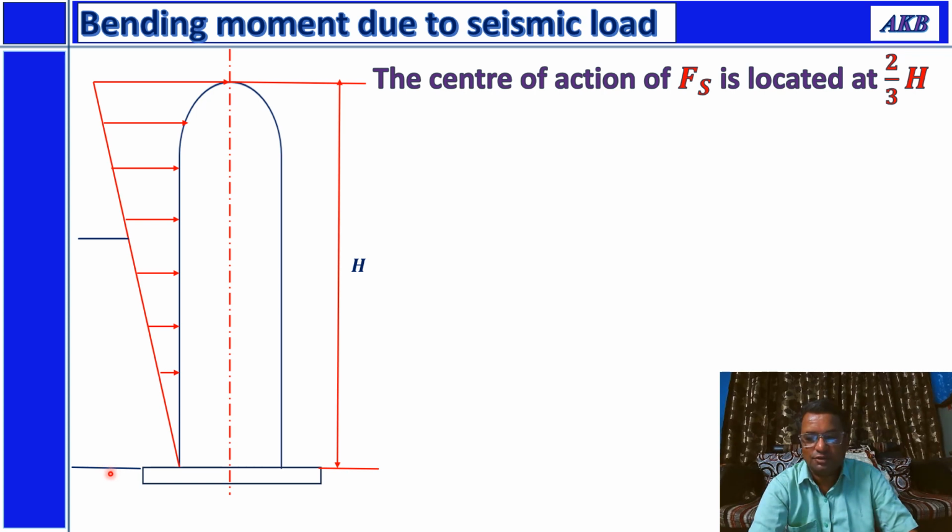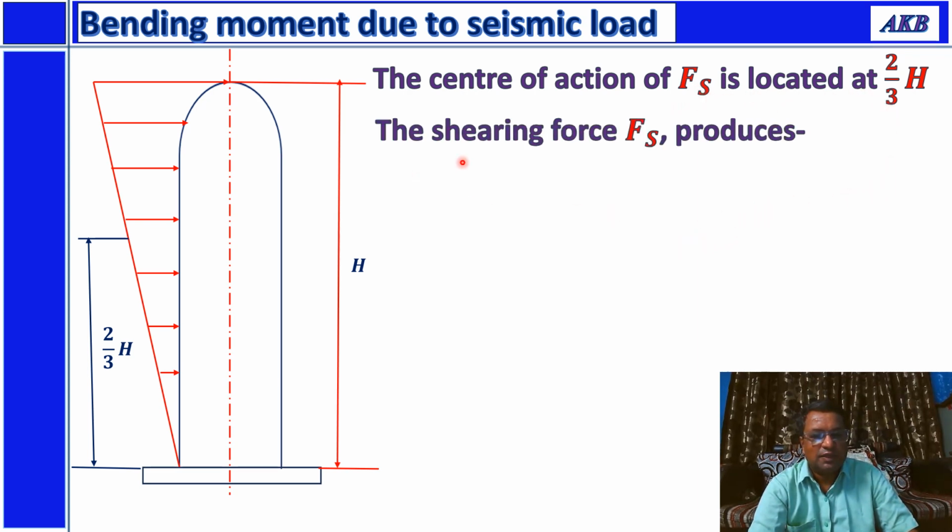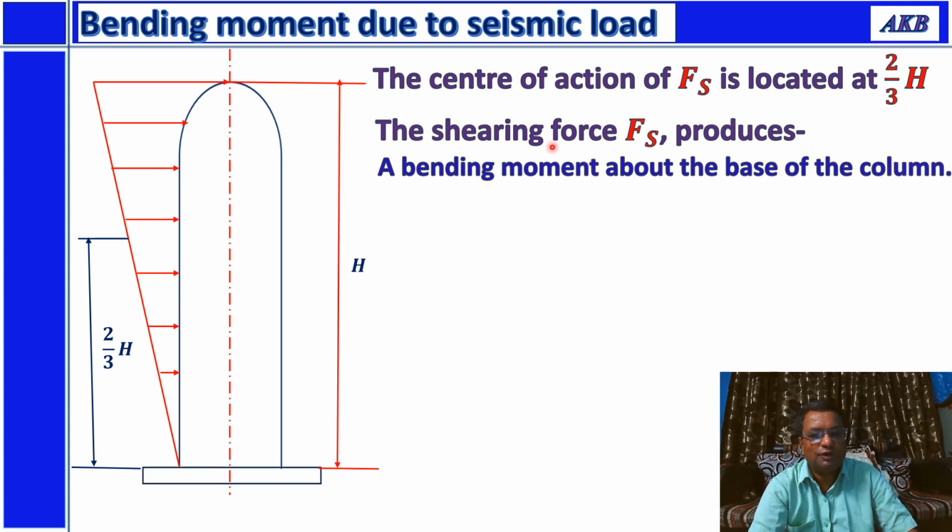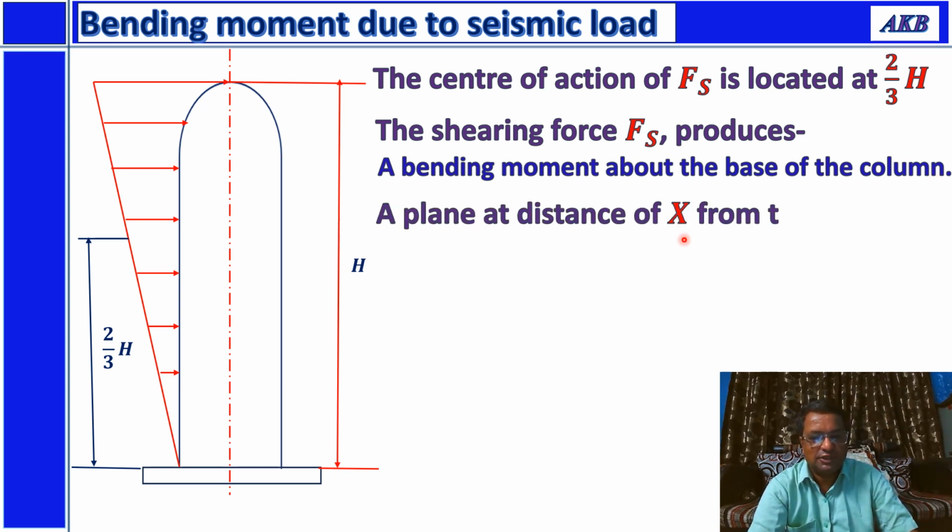So if you measure the distance from the bottom, then at a distance of 2 by 3 into h, where h is the height of the column, this shear force due to seismic load will be acting. Then this force Fs is going to produce a bending moment about the base of the column, and this bending moment will then be responsible for the stress.